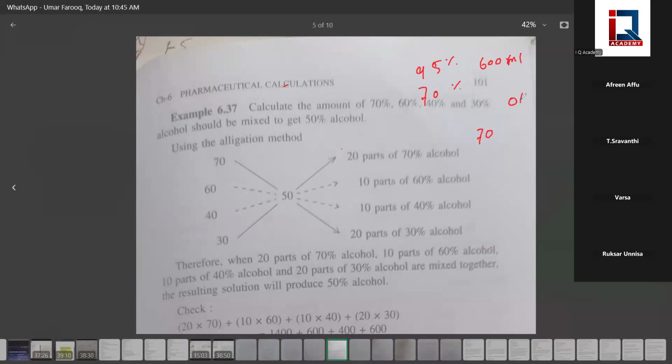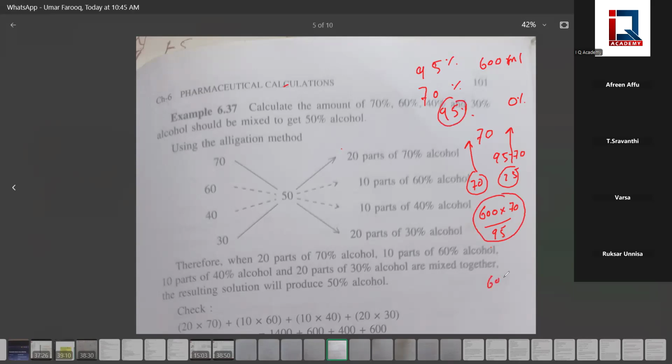Here water 0% alcohol, and here you took the stronger alcohol. Then you did 95 minus 70, you got 25 parts. 70 minus 0, you got 70 parts. So you took 70 parts of 95% alcohol and 25 parts of water. Then with 600 ml, what did you do? 600 ml into 70 by 95 total parts, you got the amount of 95% alcohol to be taken.